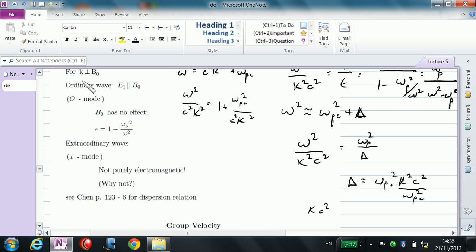Not in the medium. The E and B of the wave are perpendicular to the direction of the wave, not to each other, as I remember. But here I'm talking about B naught. What is B naught? B naught is the background field, the constant field.